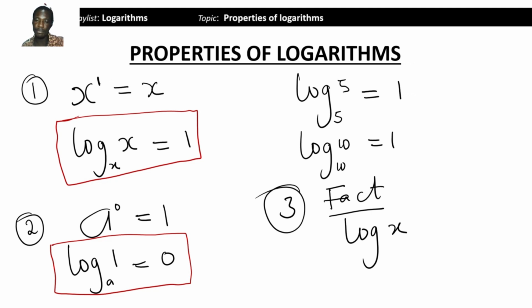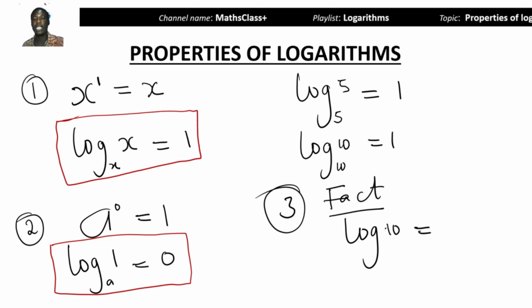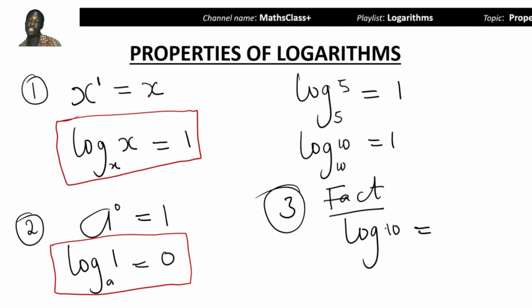If I say log 10, I just say log 10, I don't show the base. It means it's already in base 10, and the answer will be what? That will be 1, because log of a number to a base which is equal to that number is 1.